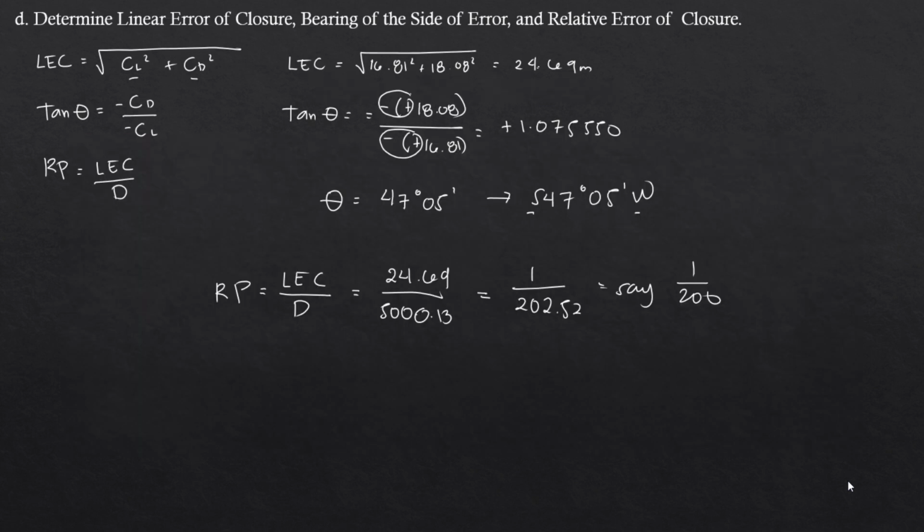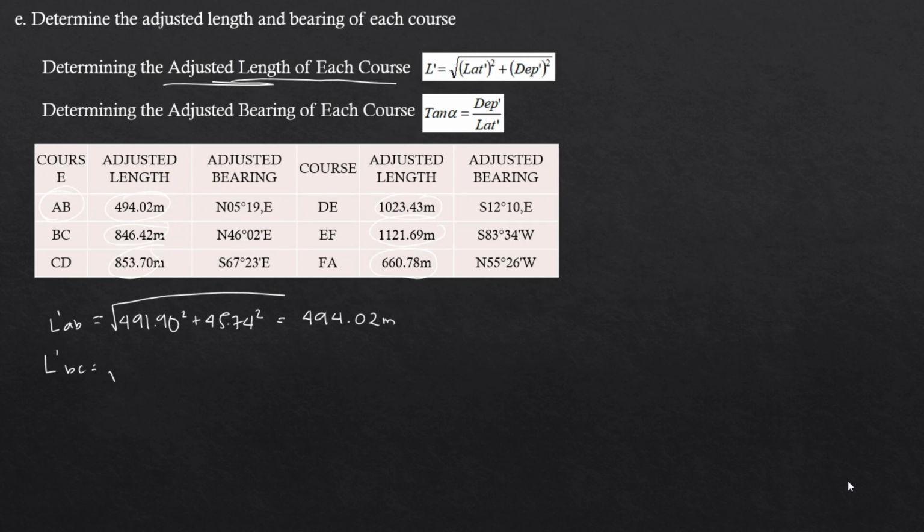Okay, so square root of 587.67 square plus 609.15 square. So, ilan to? 846.42 meters. So, ganun din. Sunod-sunod na yan. CD, DE, EF, FA.